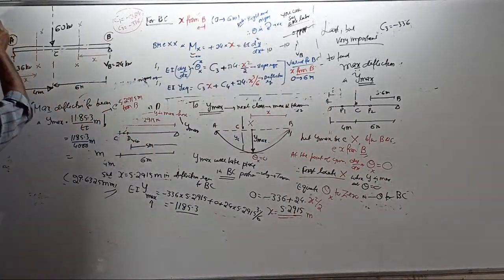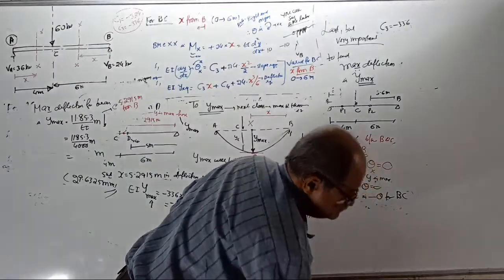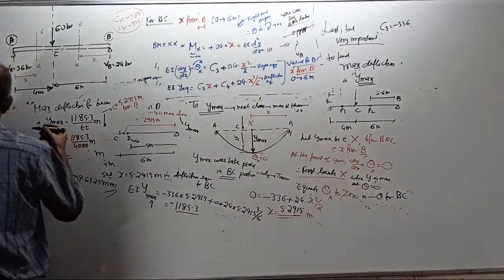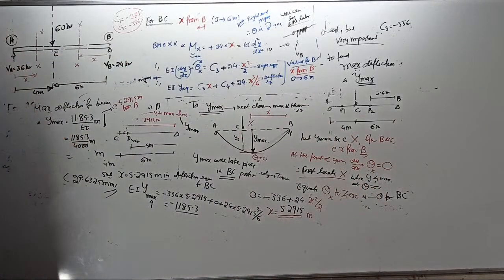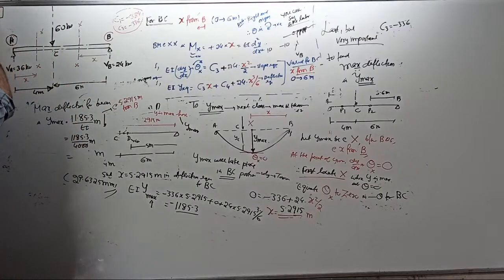I'll write here, I will not remove 4.7085 meter. Tomorrow it has to come. Now, I am not removing this one. Tomorrow when I rub the board, I will rub everything, but this I am not rubbing.